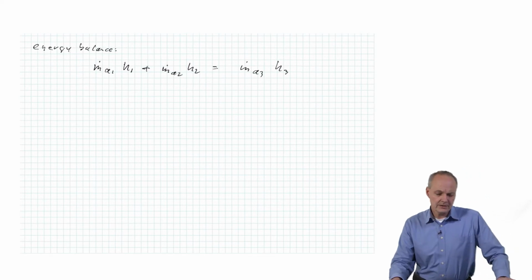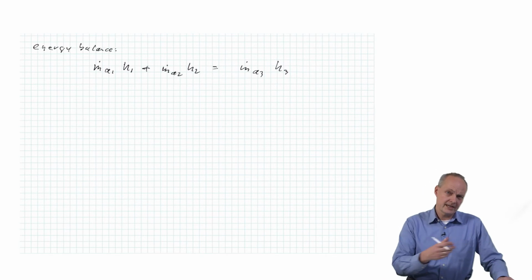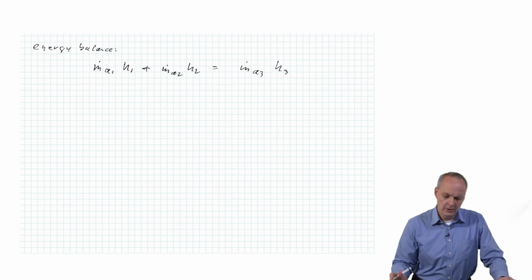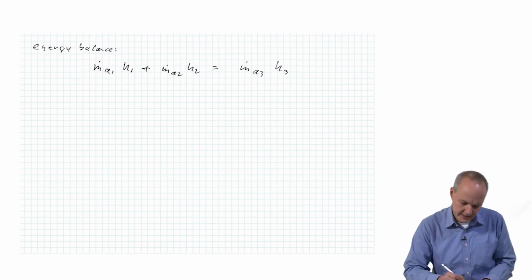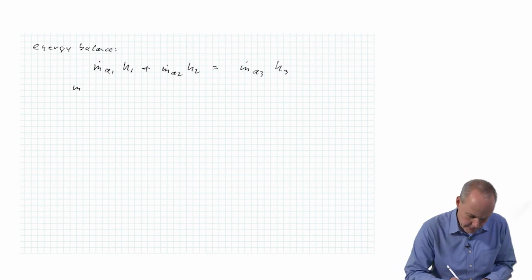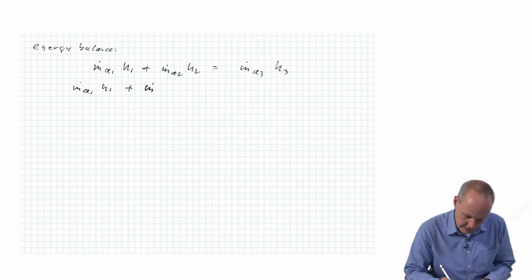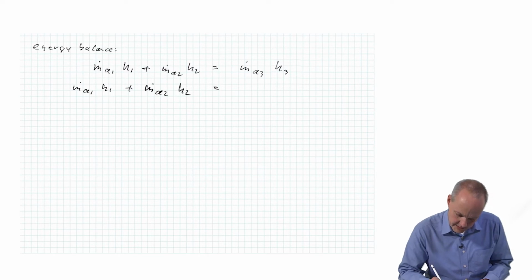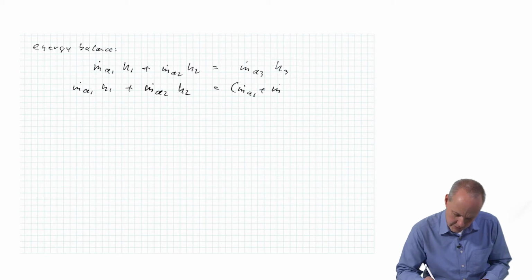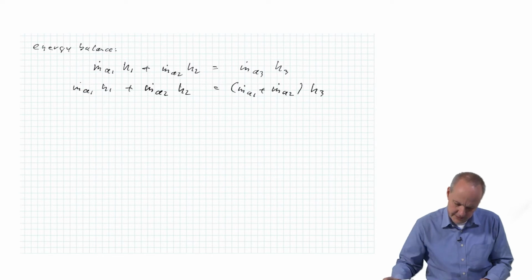Okay. And here I can do the same trick as I did a minute ago. I can replace m dot A3 on the right hand side, and I end up with an equation: m dot A1 H1 plus m dot A2 H2 is equal to m dot A1 plus m dot A2 times H3.